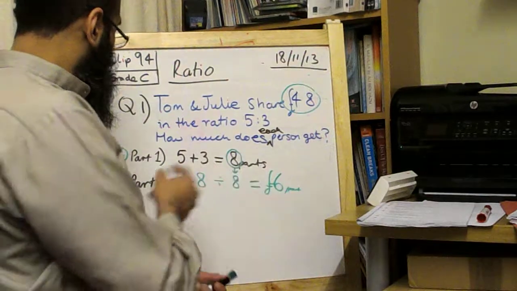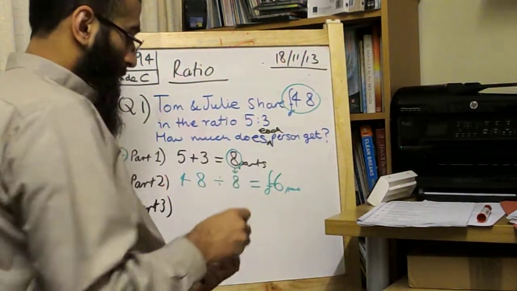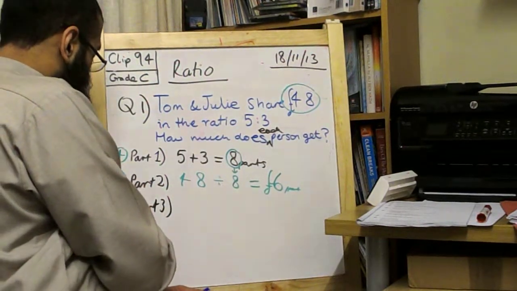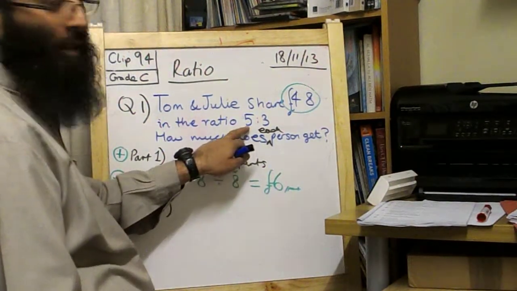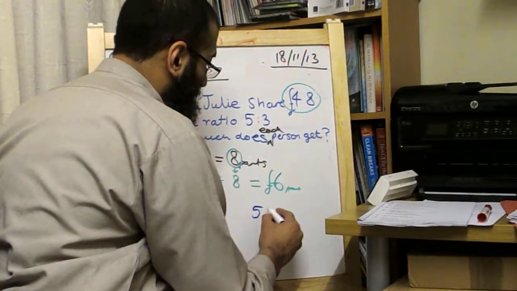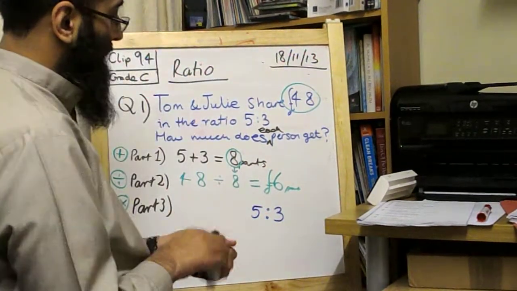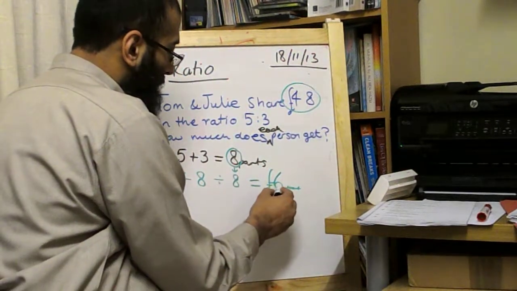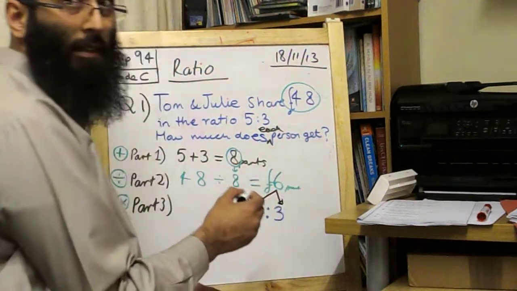Now if you look at part 3, part 3 involves multiplying. We're going to look at the original ratio, which is 5 to 3. So now, part 3, we take the answer to part 2, and we multiply each part of the ratio by the answer.